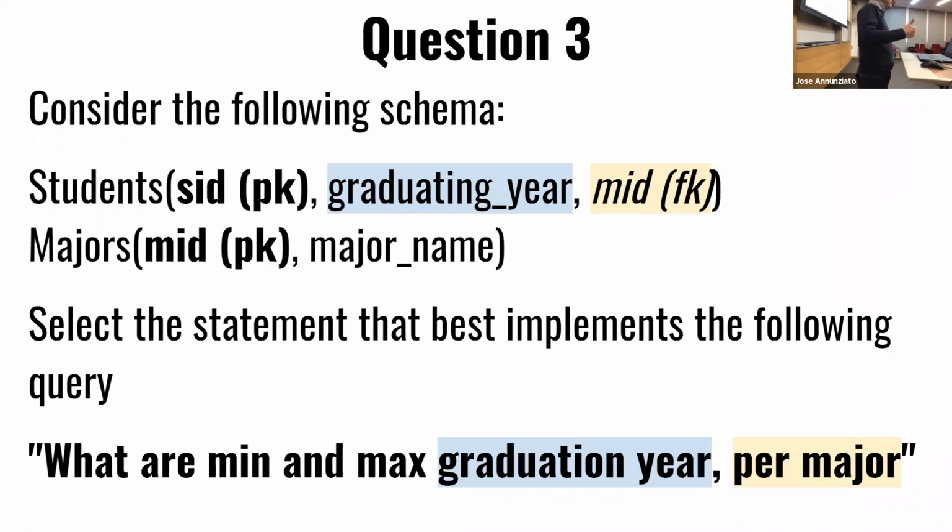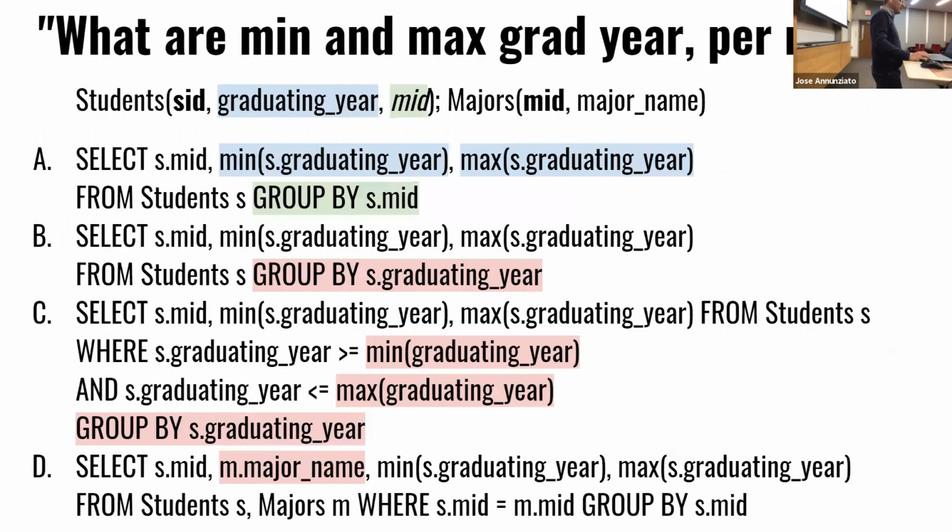Unless I would be asked to also give me the name of the major, you know, for each major, tell me the minimum and maximum year. Then I would need to do the join, of that foreign key equal to the primary key, right?